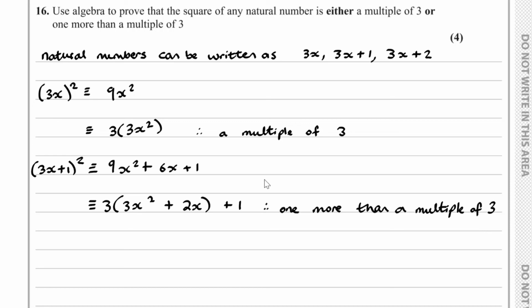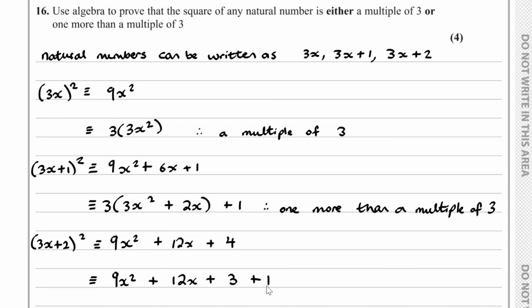And if we consider 3x plus 2 all squared, this is the same as 9x squared plus 12x plus 4. So we can rewrite this as 9x squared plus 12x plus 3 plus 1.